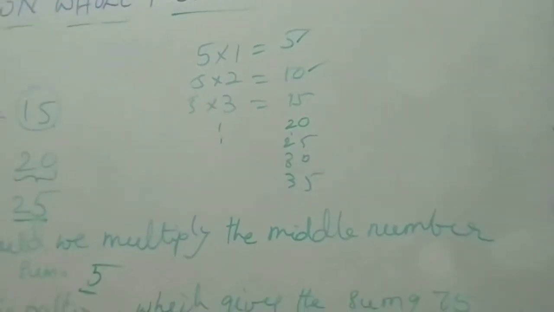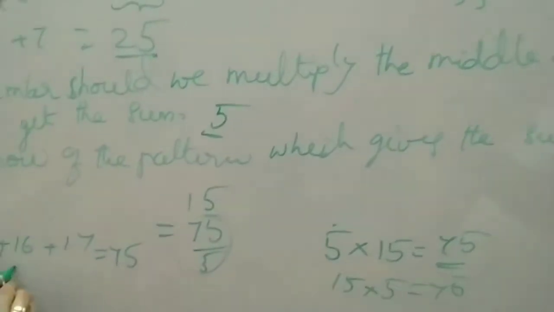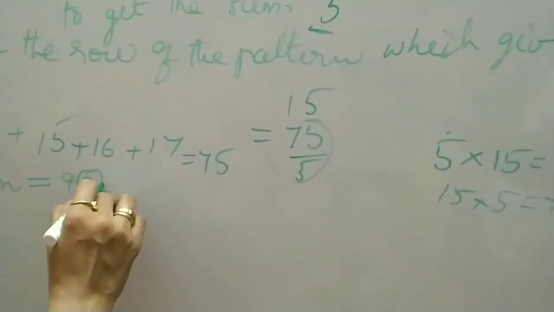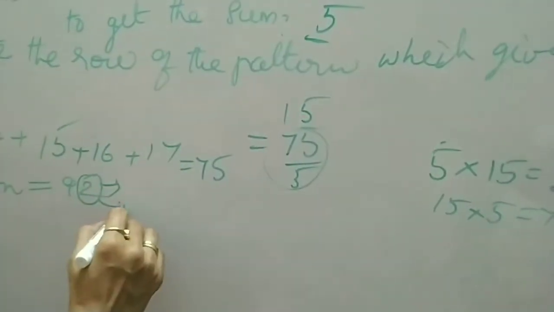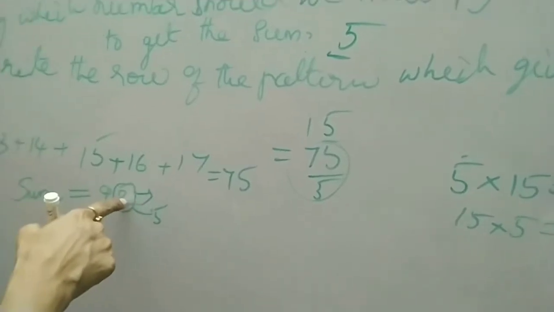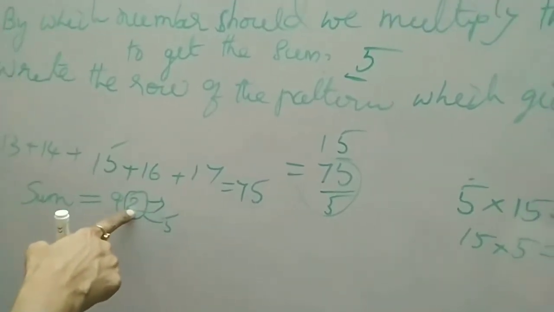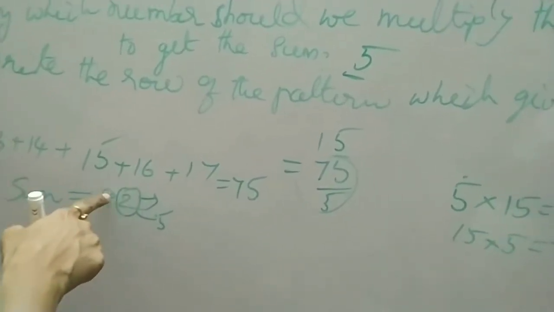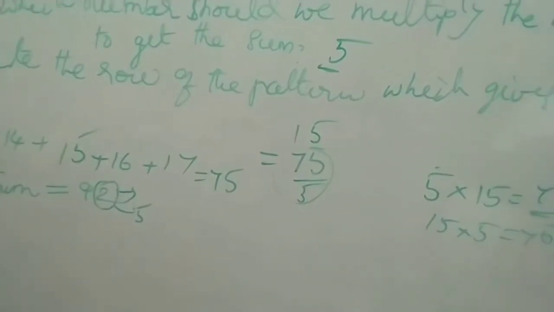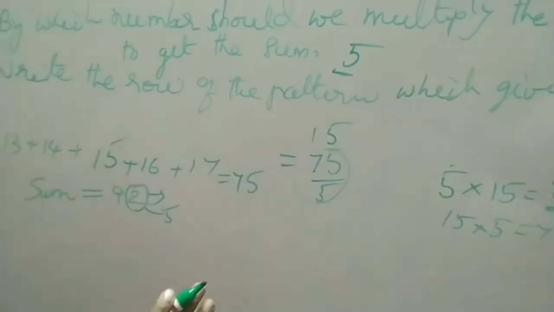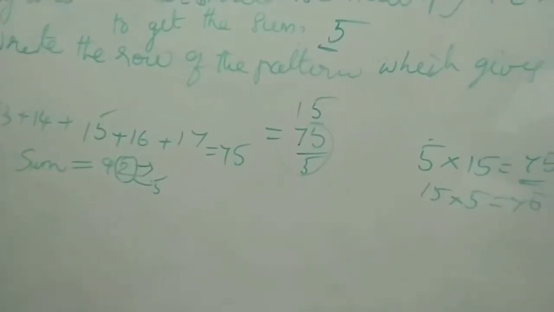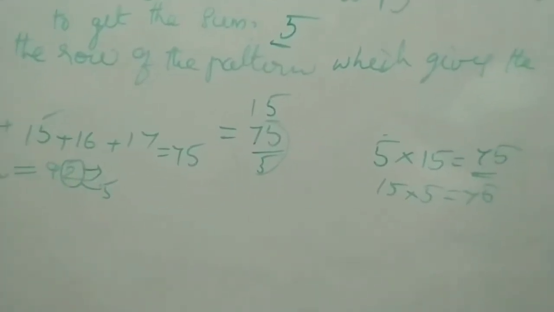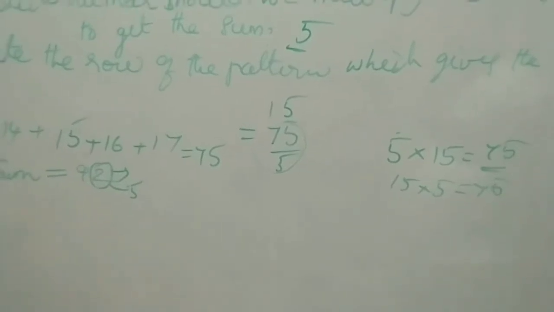If you observe here, the sum is 92. The last digit of this sum, 92, is not 0 or 5. So this 92 will not come in our fifth table. So what is our question? Can there be any row of the pattern which gives the sum as 92?